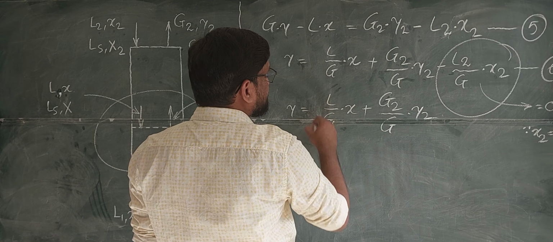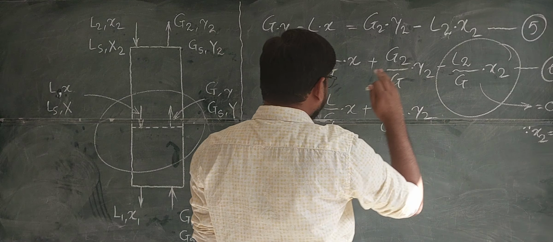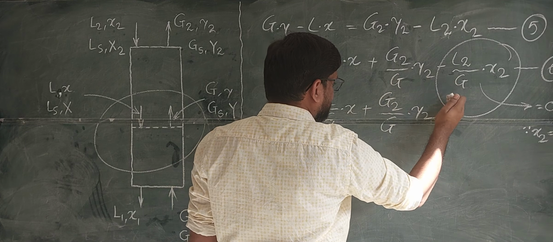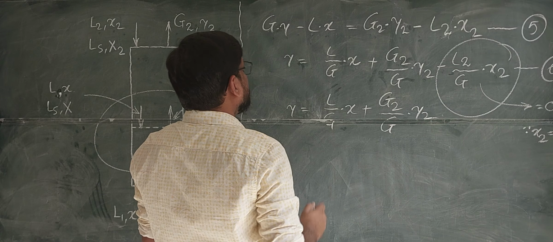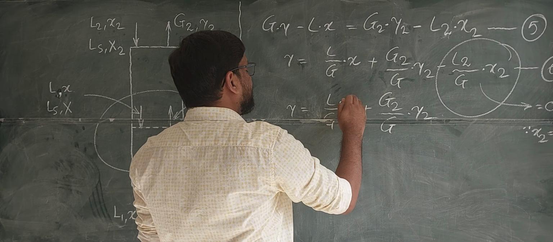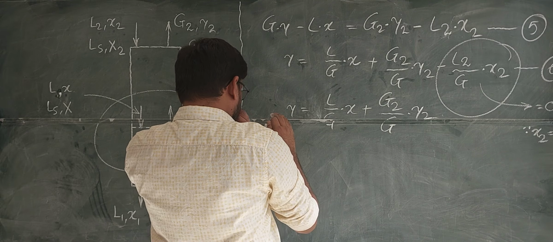Y is equal to mx plus c, where c is the intercept, which is the constant value, and x and y are the coordinates.